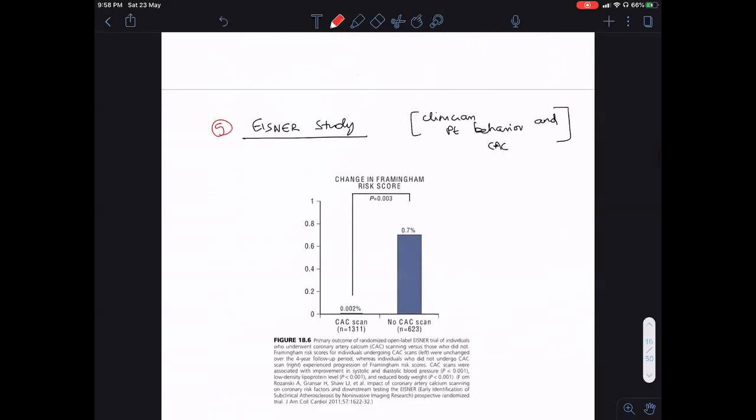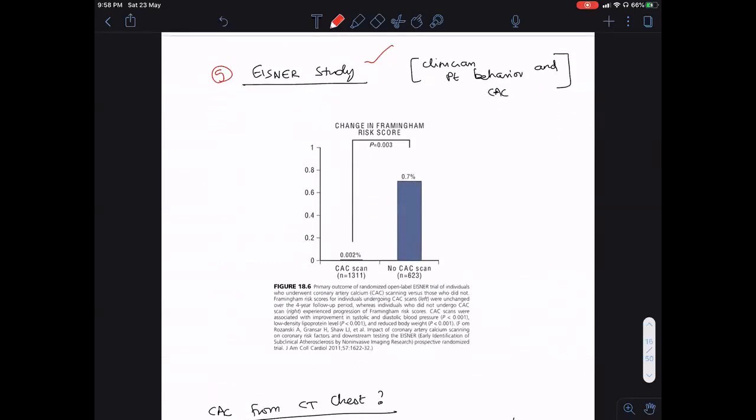So what about clinician and patient behavior when you're facing a patient who has a CAC report? This was the EISNER study, which actually looked at this. It was found that in patients who did not undergo a coronary artery calcium scan, the 5-year Framingham risk score actually increased because these patients were found to be overweight, etc. But patients who had undergone a CAC, they didn't specify what the outcomes were.